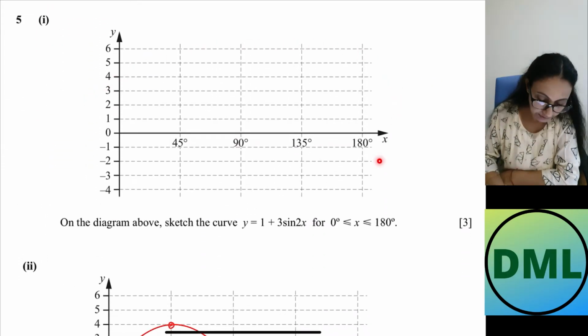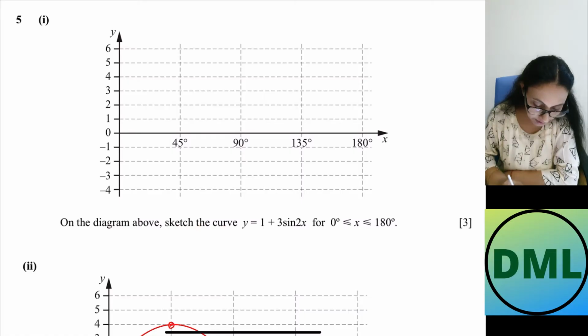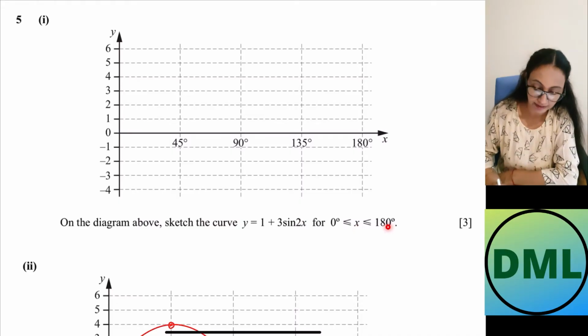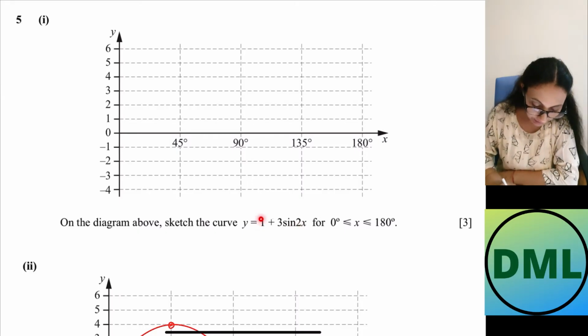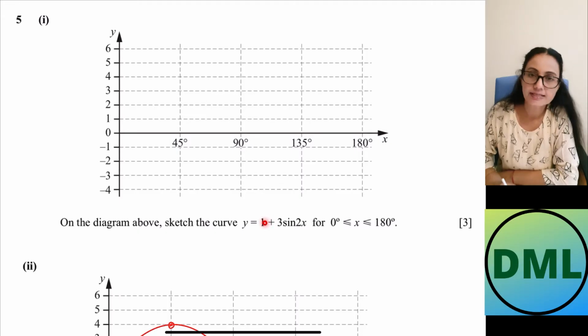I have to plot the graph here. On the diagram above, sketch the curve y is equal to 1 plus 3 sine 2x from 0 degree to 180 degree. I need to find out first my axis, my amplitude and my period. The value 1 is our axis.